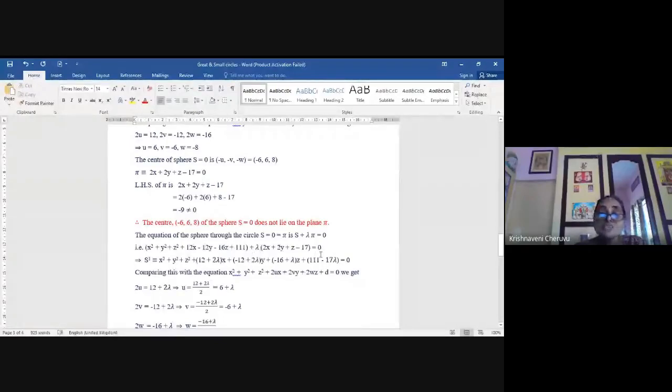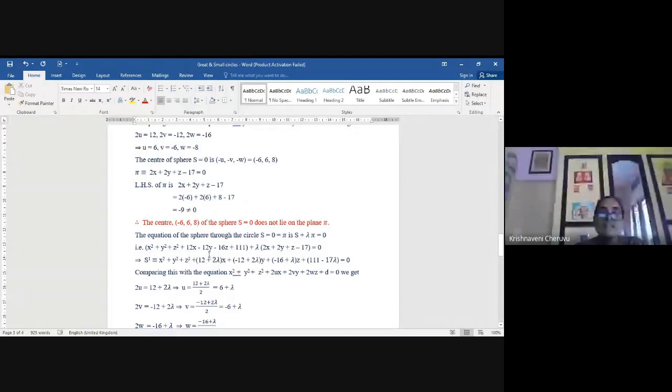So this is a sphere now. You must put it in the standard form. The general equation of the sphere is x square term, y square term, z square term, x term, y term, z term and constant. So here I put all the x square, y square, z square terms, and here there is an x term. If I take x common, you will have 12 plus 2 lambda.